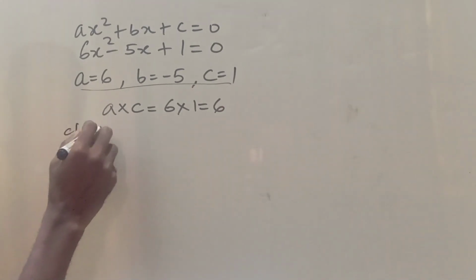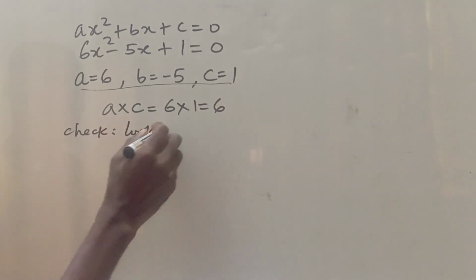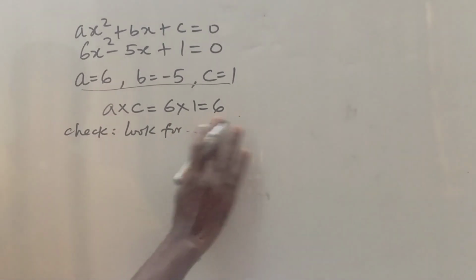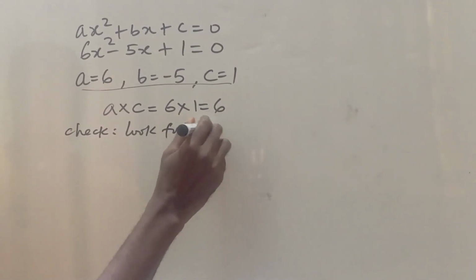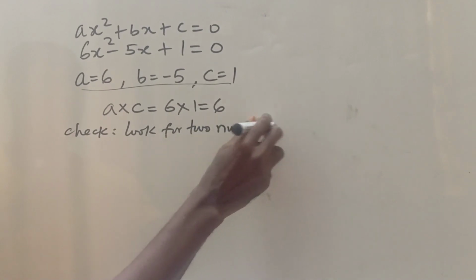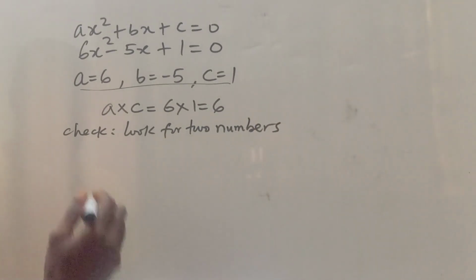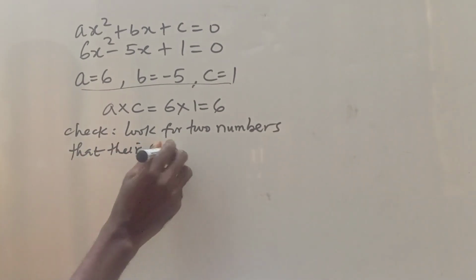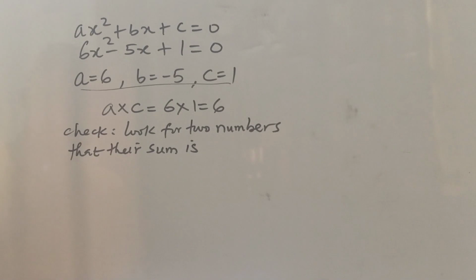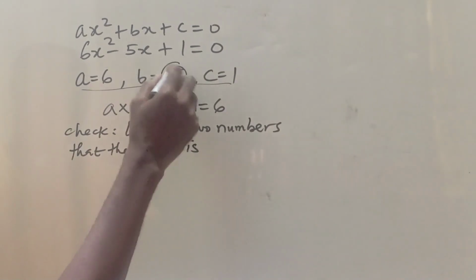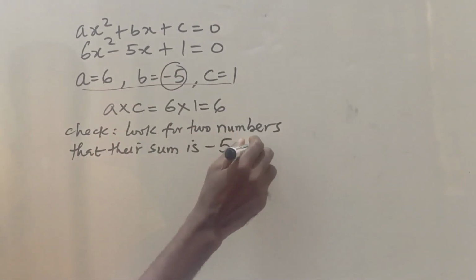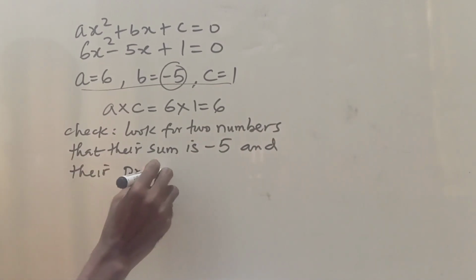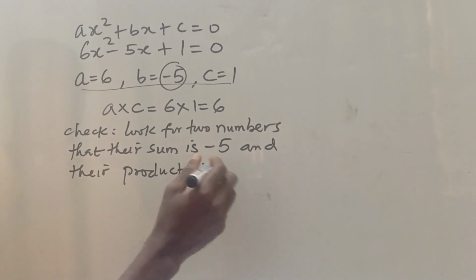All right, now let's do our check. We are going to look for two numbers whose sum is going to give us this minus 5, and whose product will give us 6.